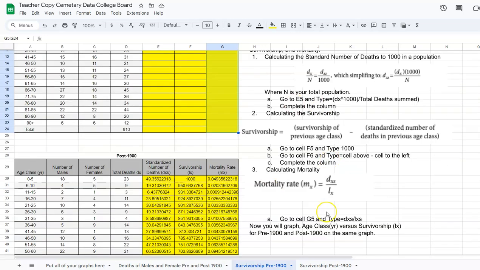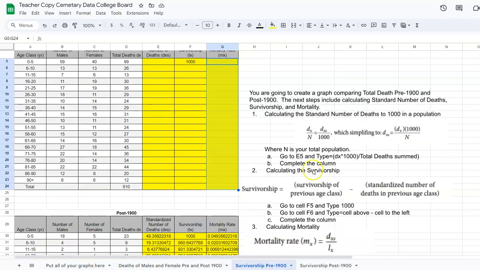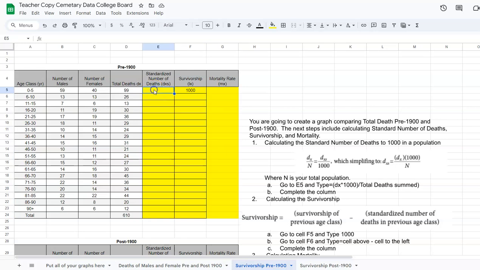Now, all of the things I'm going to do here are all in these instructions, so I'll be kind of referring to them as we go along. Now, a survivorship curve, if you remember from our PowerPoint, is a graph of age in class on the x-axis and survivorship on the y-axis.